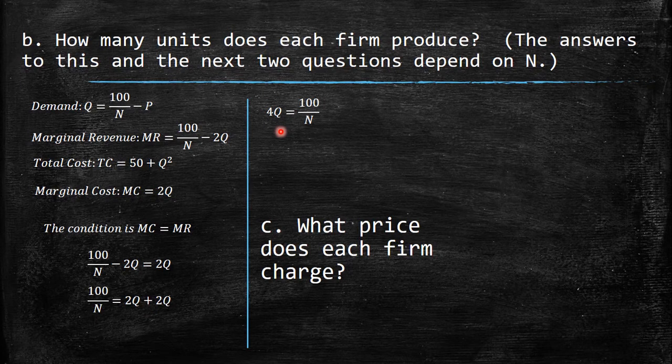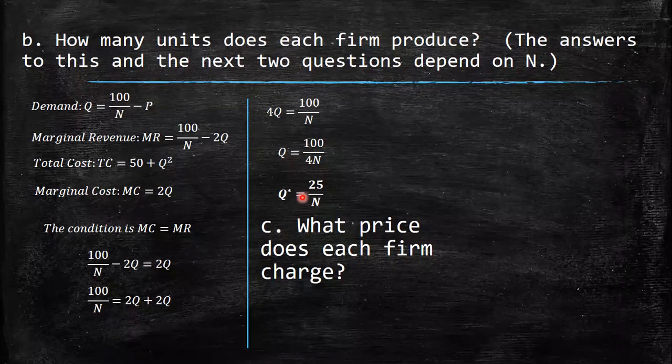If a is equal to b, it is exactly the same as b equal to a. So here we have the Q, then you can collect the 4, so you put it over 100, and this is the optimal quantity that you produce. Naturally it is inversely correlated with n. Any time you have more firms in the market, your quantity should decrease.